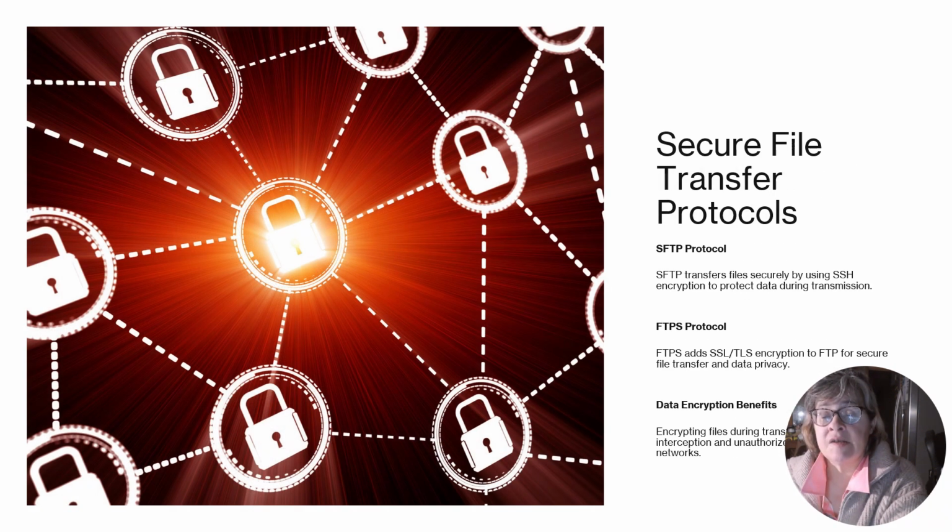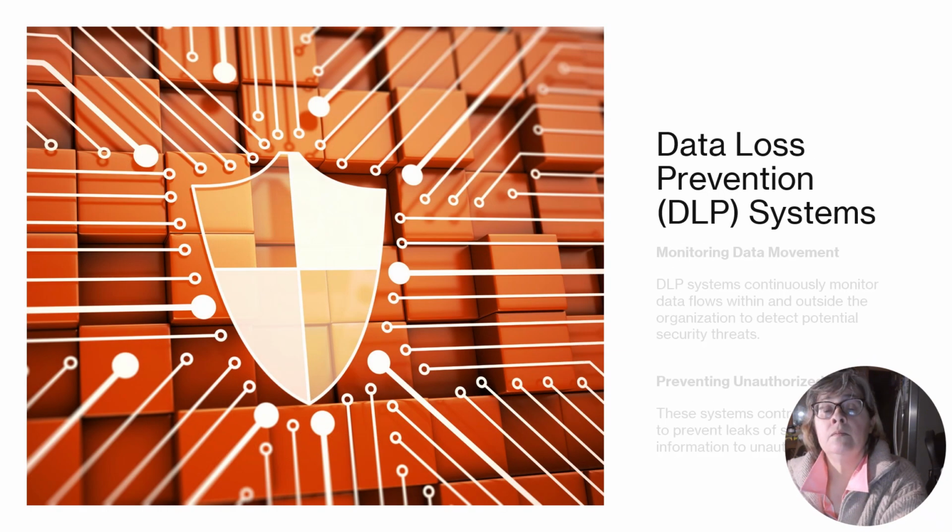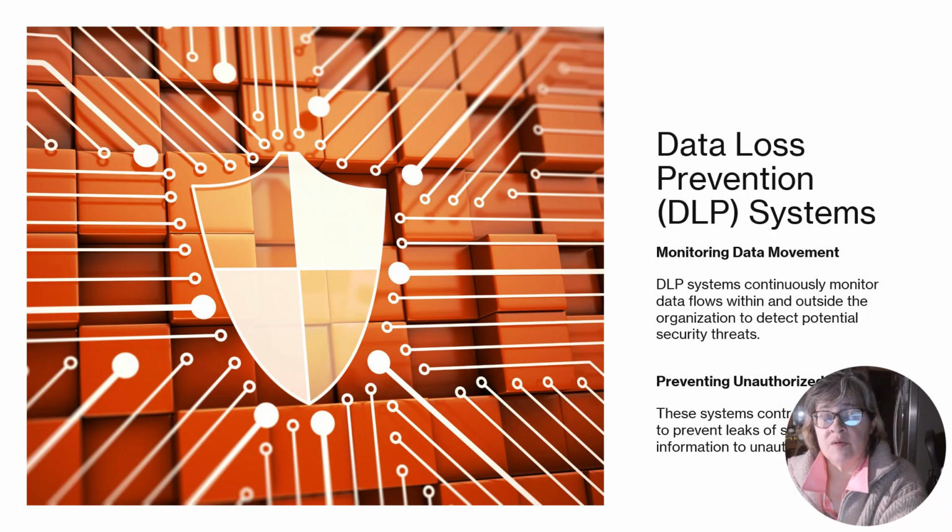Protocols like SFTP, or Secure File Transfer Protocol, and FTPS, which is File Transfer Protocol Secure, I think, ensure files are transferred securely over networks by encrypting data during transmission to prevent interception. DLP, or data loss prevention, systems monitor and control data movement to prevent unauthorized sharing or leaks of sensitive information outside of the organization.